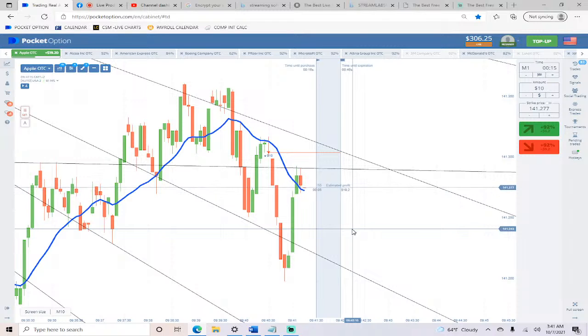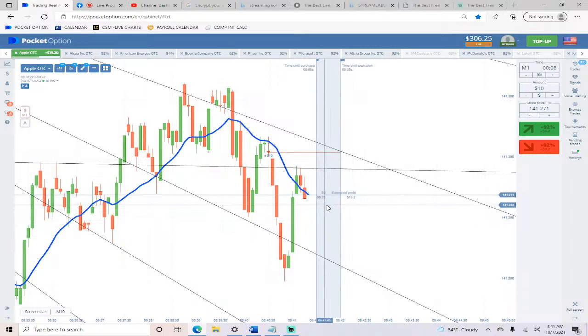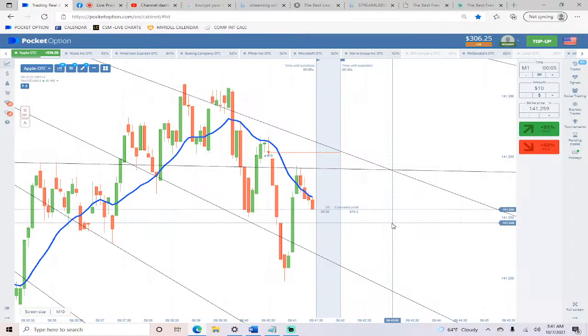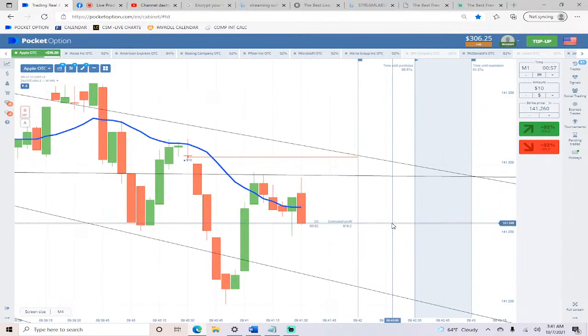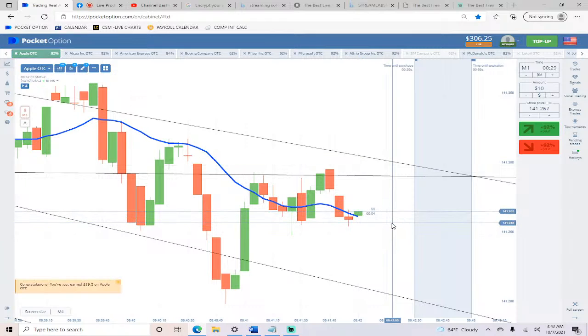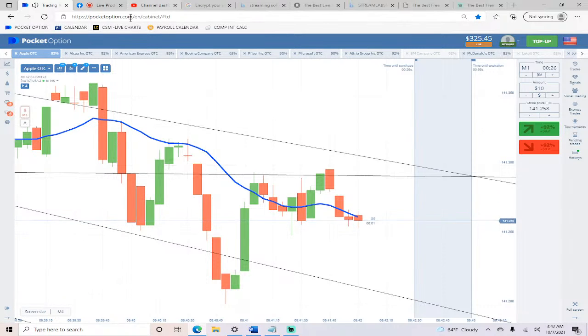I want to see more pushes downward. And look at that. 2 wins, no losses.